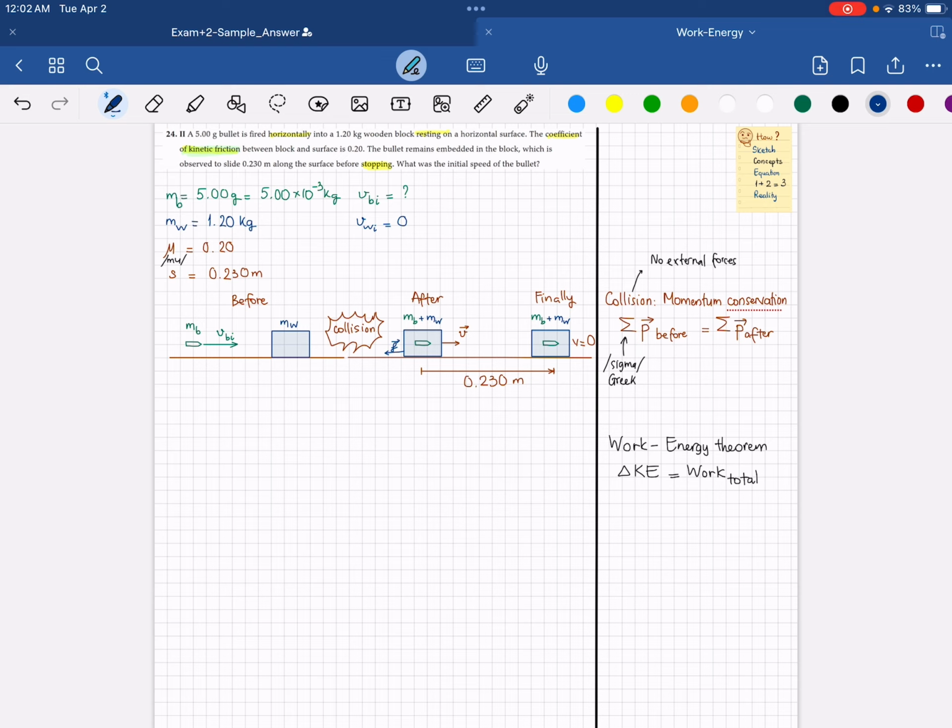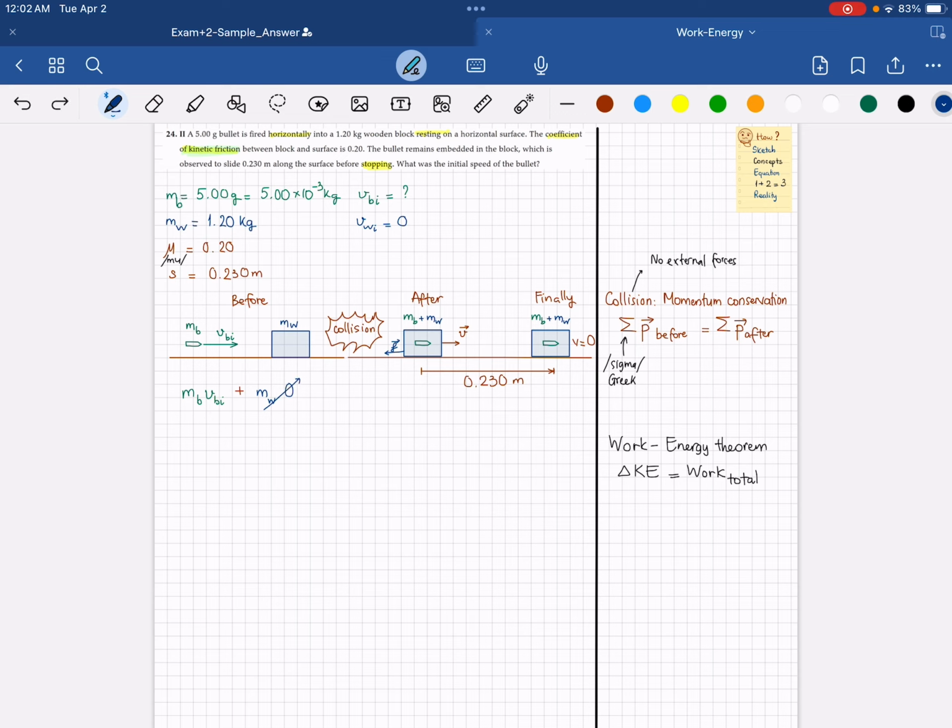So let's just apply the momentum conservation. Then we should have m_B v_Bi, the initial momentum of the bullet, together with the momentum of the block. As we know, the block just stays at rest from the beginning, so this whole thing goes to zero.